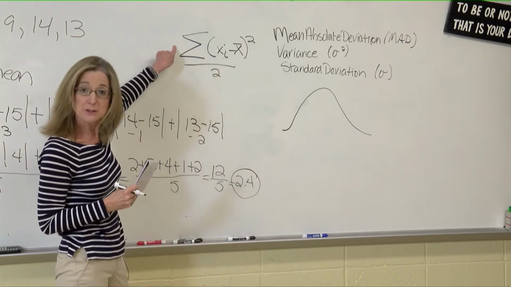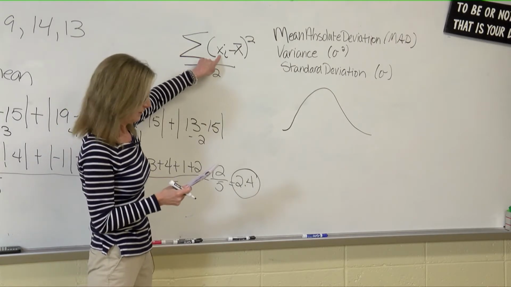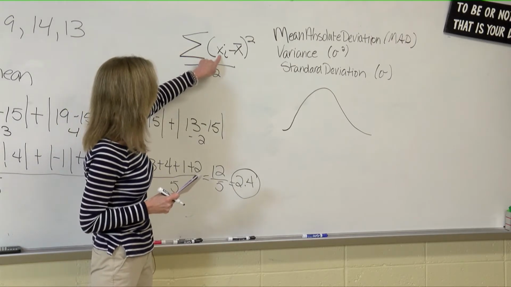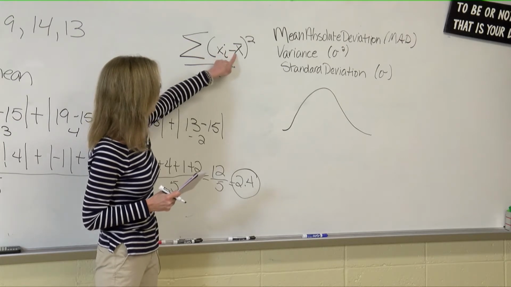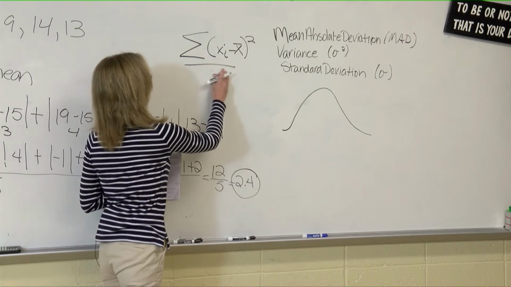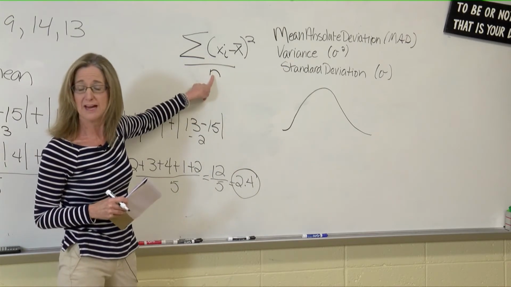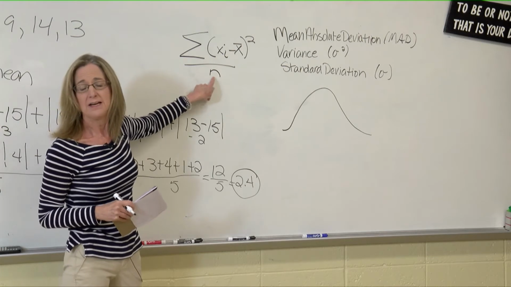This is a capital sigma, and it means sum. This is your data points minus your mean, all squared, divided by n, and that's your total number of data points.